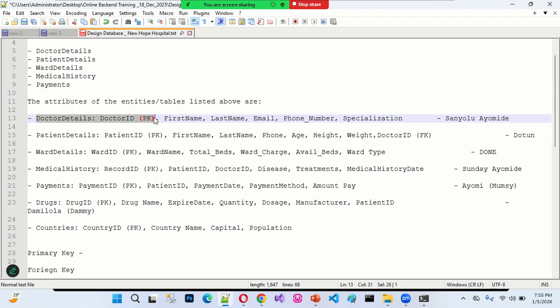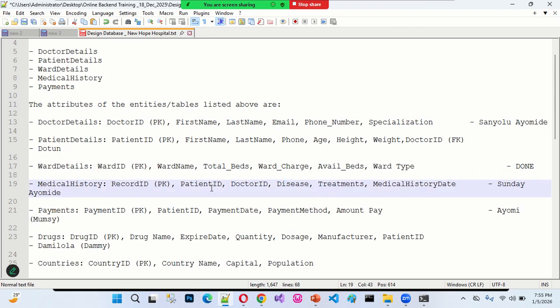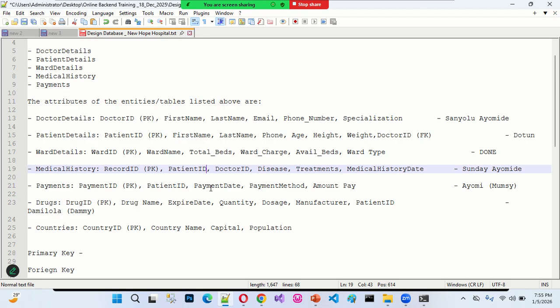Secondly, if you look at the medical history table and the doctor, they also have a relationship. The medical history table has a relationship with the patient and the doctor, because patient ID in the medical history table is a foreign key constraint. So here I can come down and see the patient ID becomes a foreign key, because the patient ID is a primary key in the patient detail.